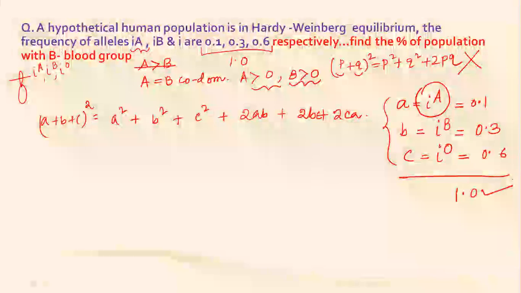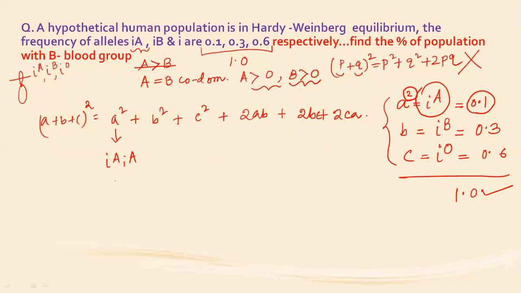That is fine. Now if you see a², that means IA into IA over here. So a² is 0.1 squared. IA cross IA, that is IA squared, and the frequency will be like this. We need not solve all the terms; we just have to look out for the B blood group. So IA is for the A blood group.